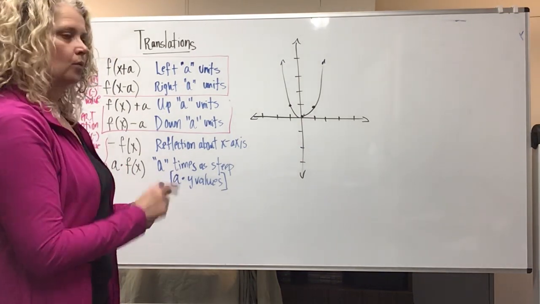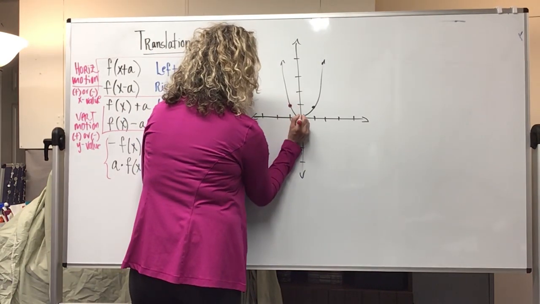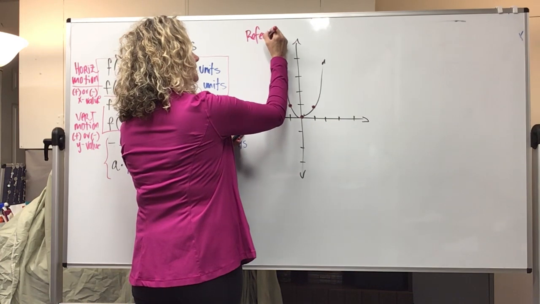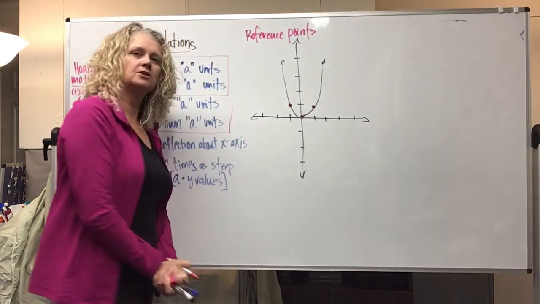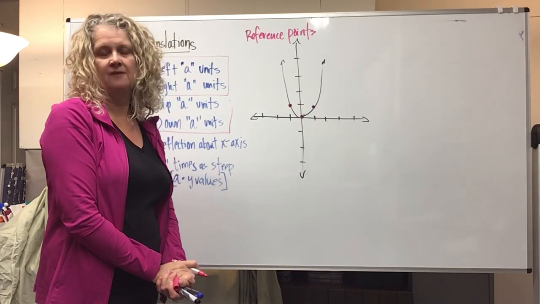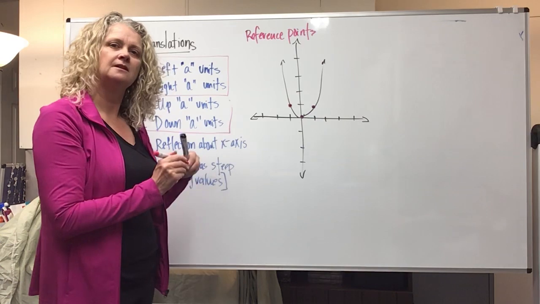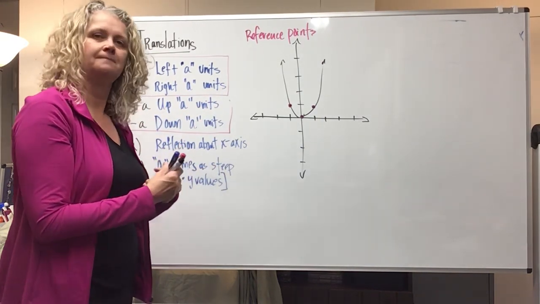Now, one thing I did not mention, these are what I like to call your reference points. Reference points are important because they give you the shape and the location. So instead of doing a rough sketch that may be inaccurate, moving the reference points gives you an accurate graph.